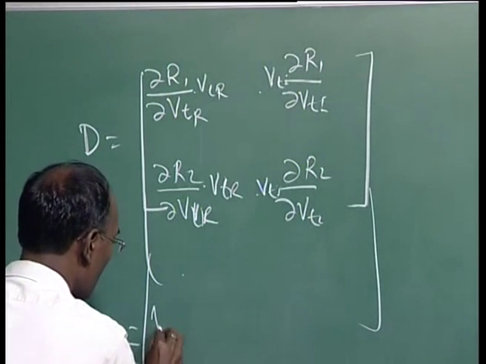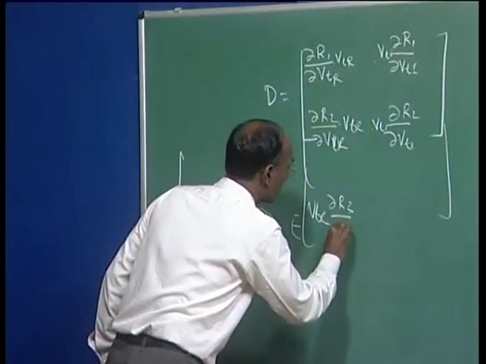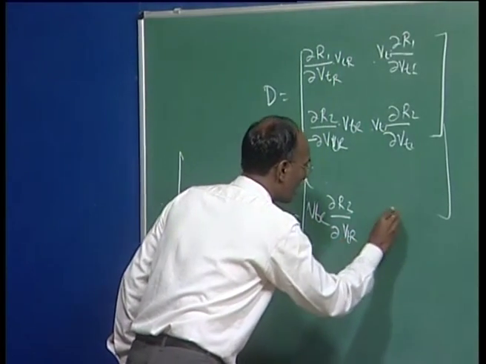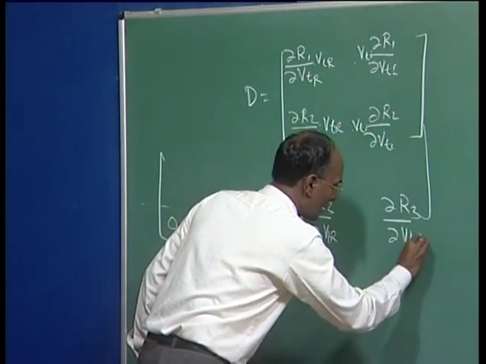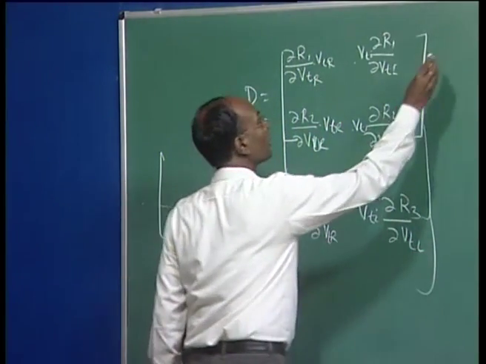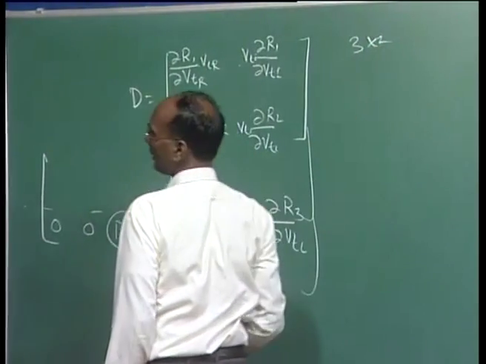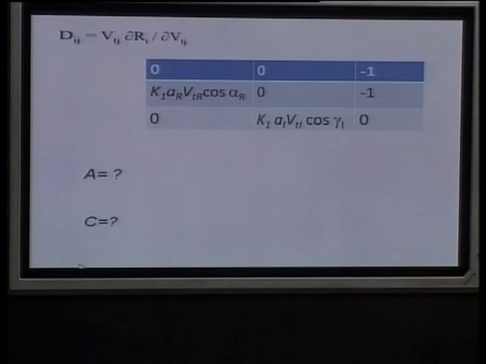Similarly, here it will be Vtr del R3 for del Vtr, and here R3 del Vti, here Vti. So, it will be a 3 cross 2 matrix. Basically, this is not correct, it is basically the compute from the previous one. So, it is not correct. So, this we have to delete here, and we will see what values we are getting.